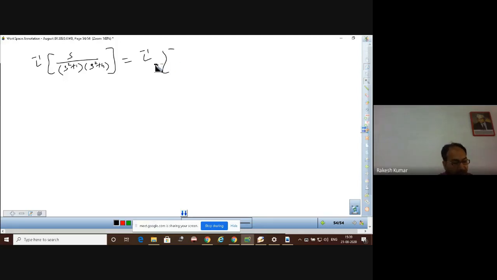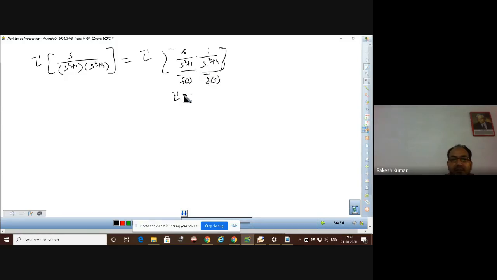Now you can find out the Laplace inverse transformation of these questions with the help of the convolution theorem. That is s over s square plus 1 into 1 over s square plus 4. If you remember, you can name the first function f bar s and the second function g bar s.